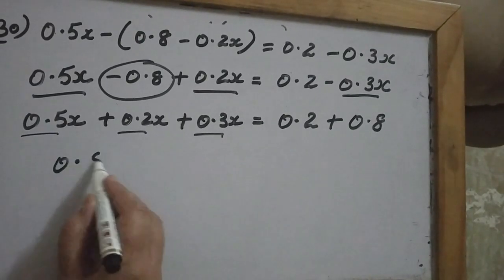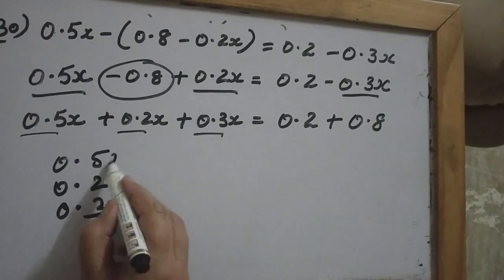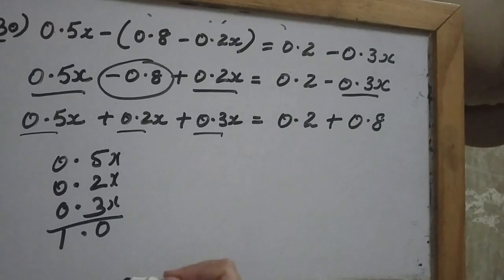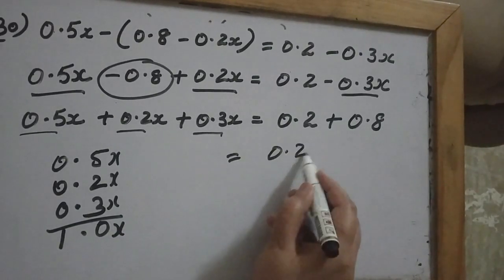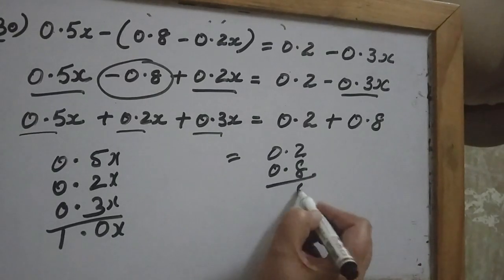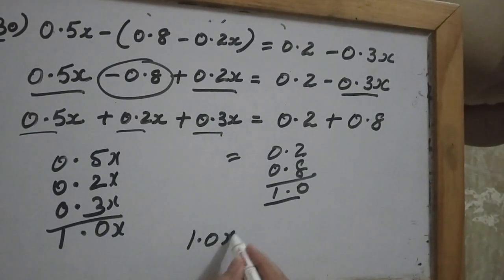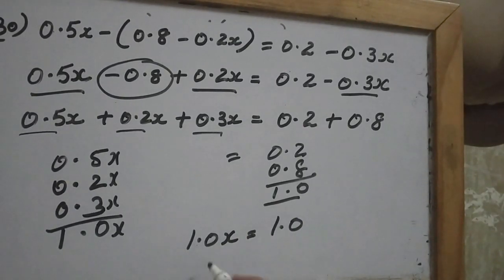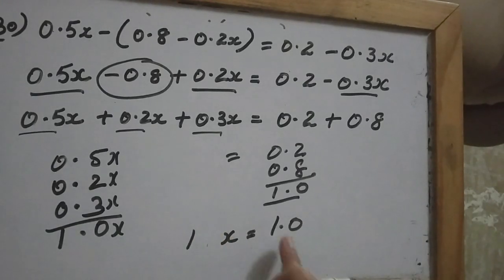So 0.5, 0.2 and 0.3, what do they become? 1.0x. Right? And here 0.2 and 0.8, what does it become? 1.0. So 1.0x is equal to 1.0, and 1.0 I can also write as 1. I can write 1 only, and this also can be 1 only.